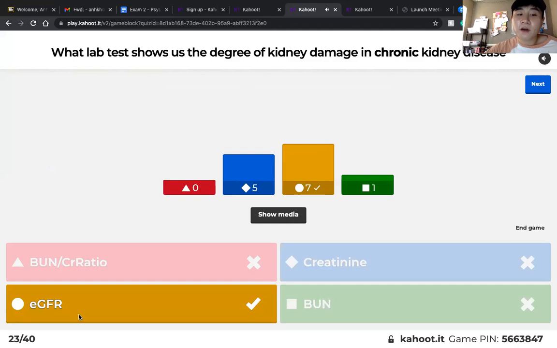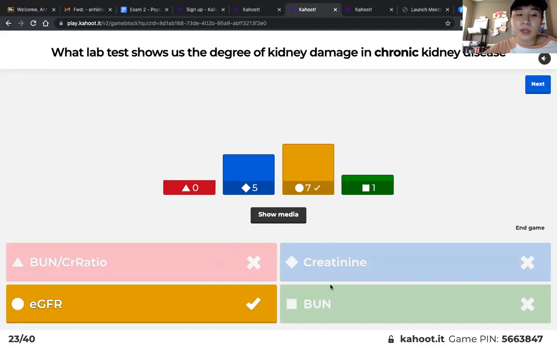So eGFR is the rate of how much blood is perfusing the kidney. It also shows us the degree of the kidney damage in chronic kidney disease. These questions are not worded really nicely, but the main thing is to know briefly what each lab indicates.